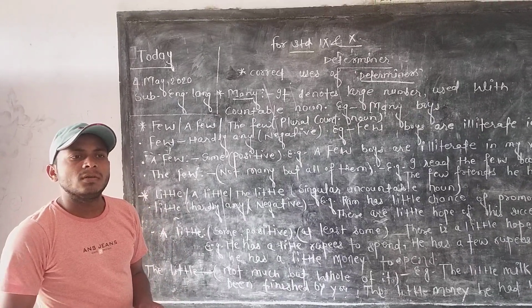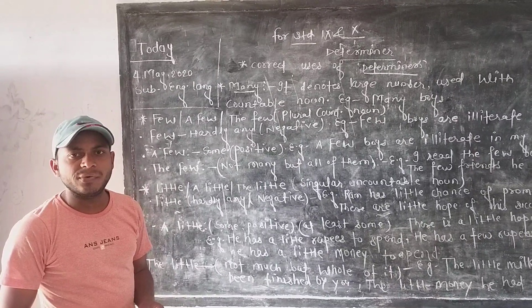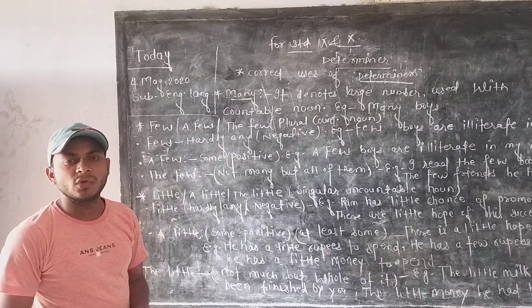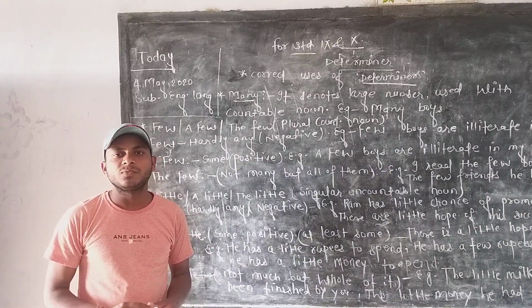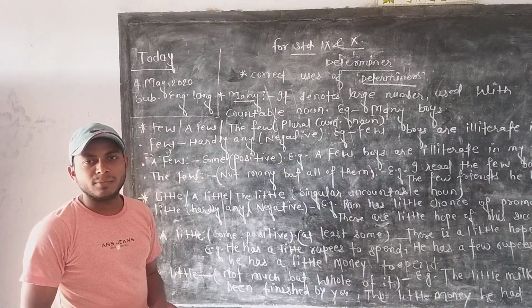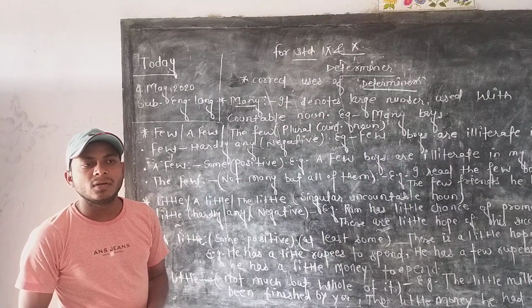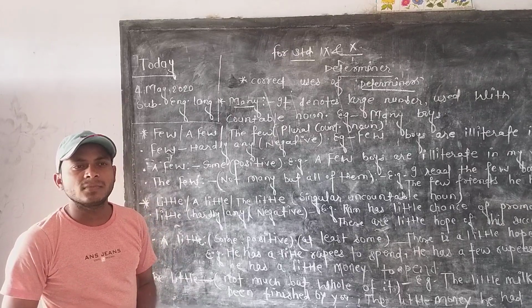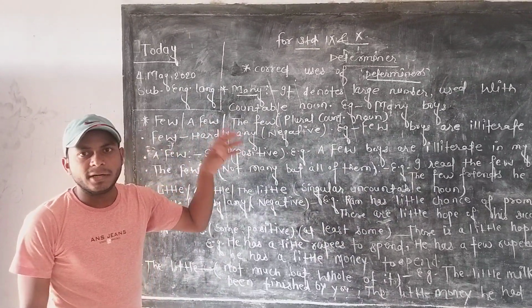To solve all these questions, you need to know the correct usage of determiners. If you don't know the correct usage of determiners, you will make several mistakes in these types of questions. That's why we are going to discuss the correct usage of determiners.